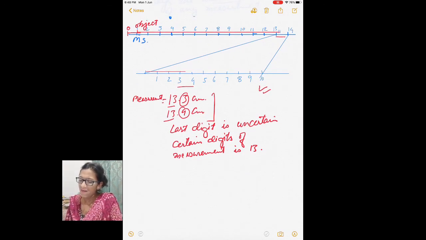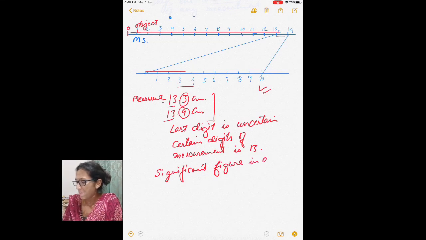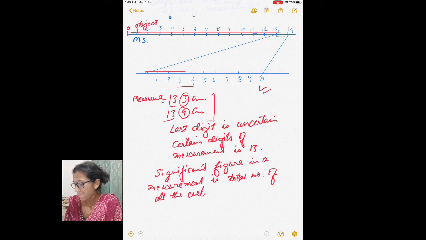And significant figure in a measurement is the total number of all the certain digits plus one uncertain digit.